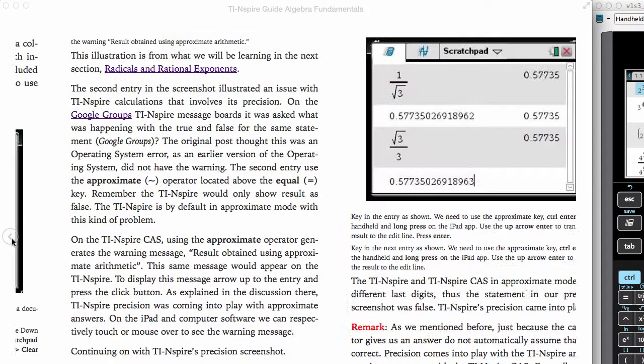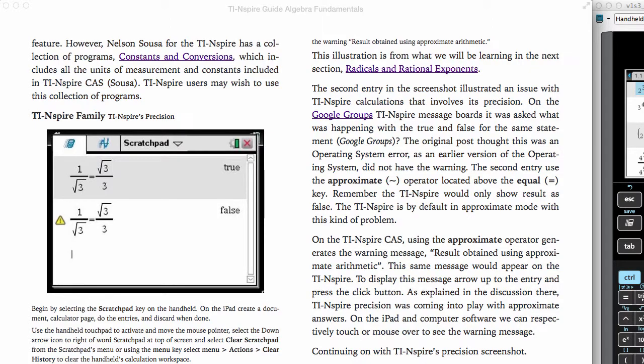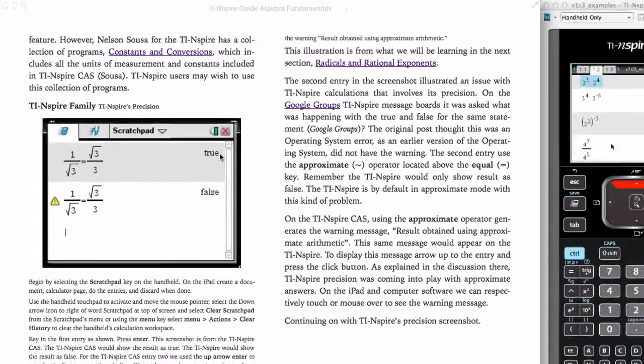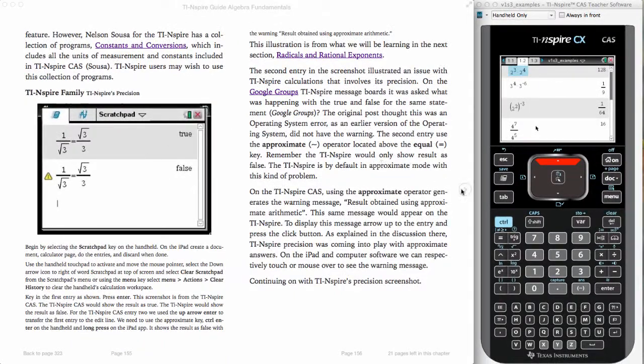So when we use a CAS calculator and compare the two, it says that the two are true. But when we press Control and Enter, which is the approximation, it says that they're not true. So again, the guide gives you some nuances that you normally wouldn't get trying to figure this stuff out on your own.